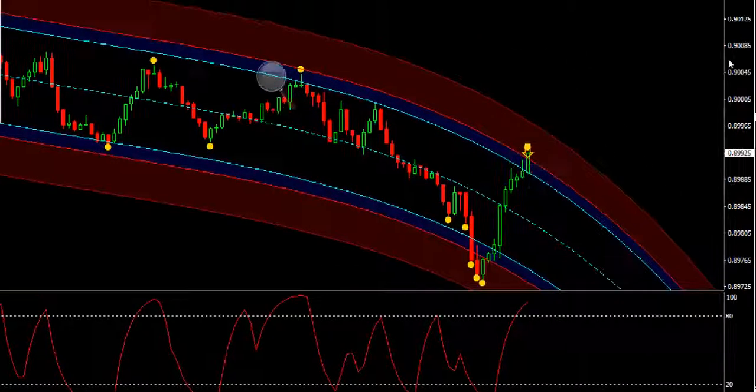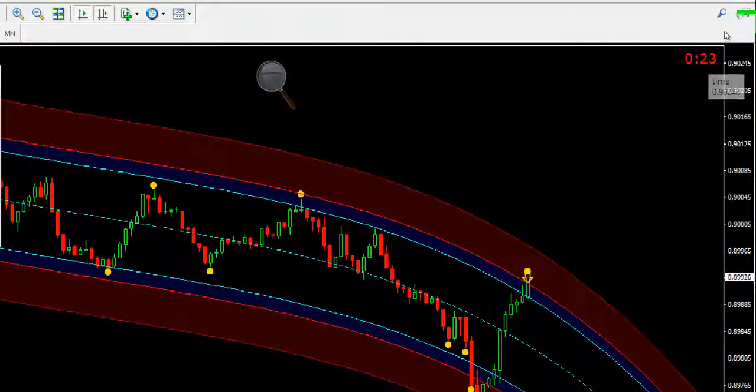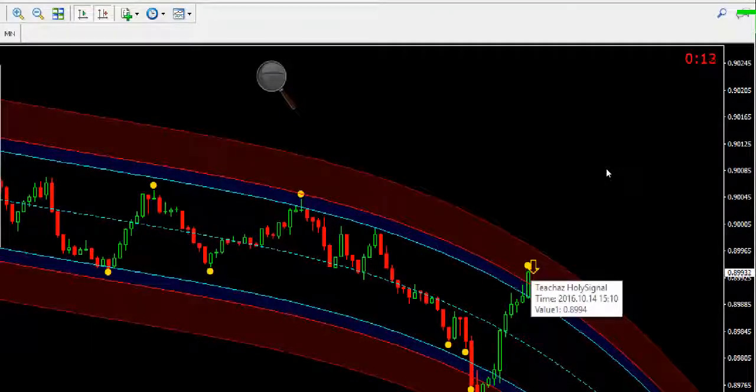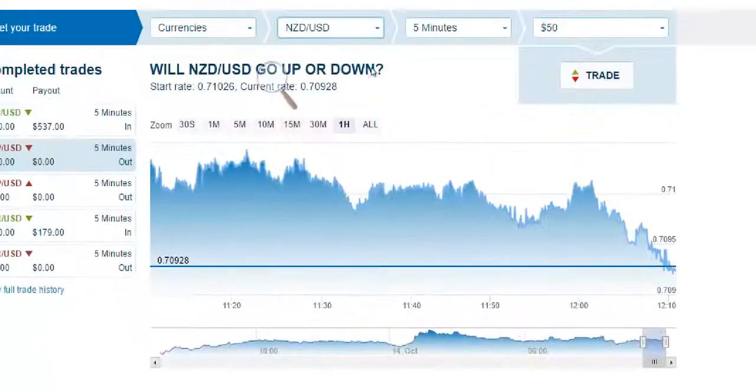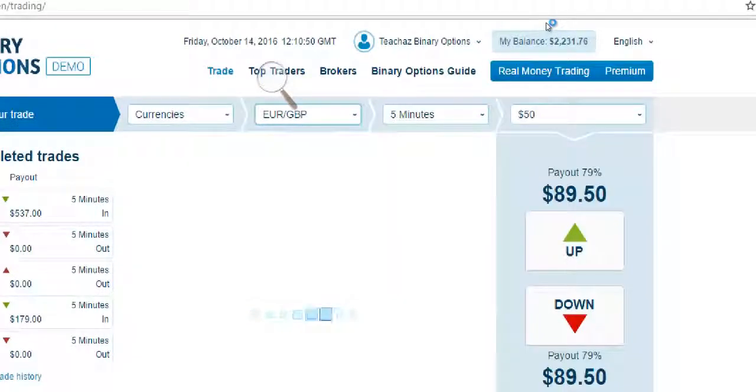I just got the signal, and I also check the timer here. You can actually see that it's 23 seconds left. So I'll end on the formation of the next candle. You can see it's already 12 seconds left, so I can quickly rush to the trade.